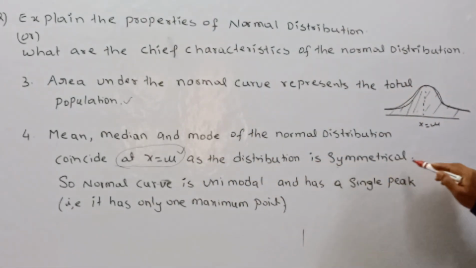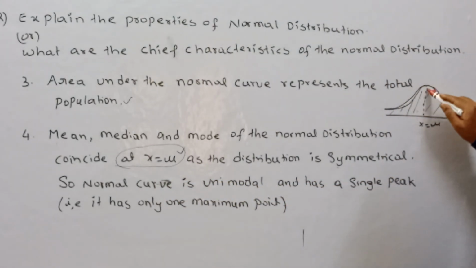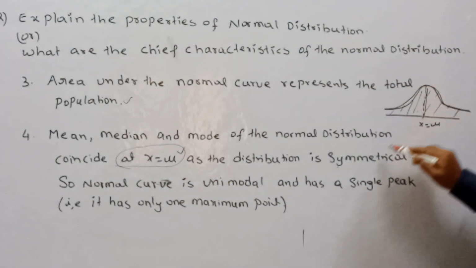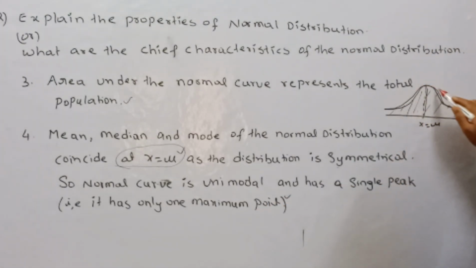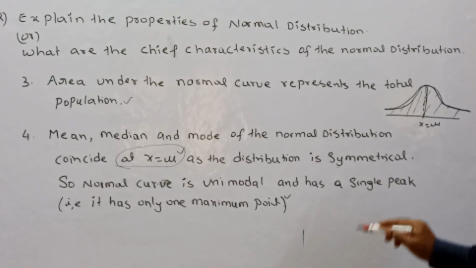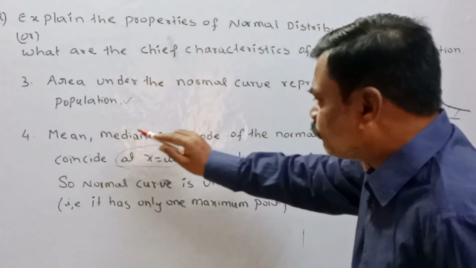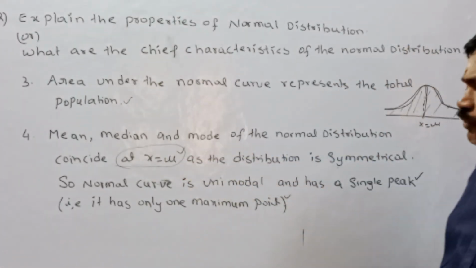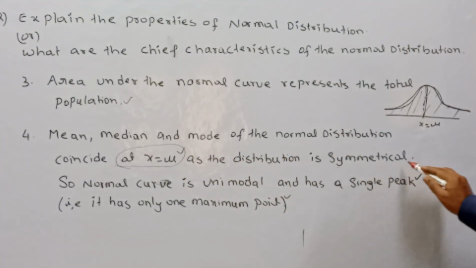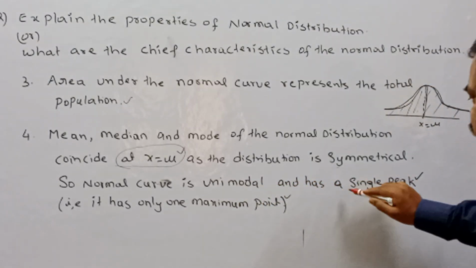As the distribution is symmetrical, the normal curve is unimodal. Why? Because it has only one maximum point. So we say this is a unimodal curve. It has only a single peak.